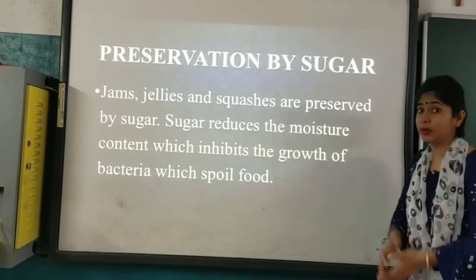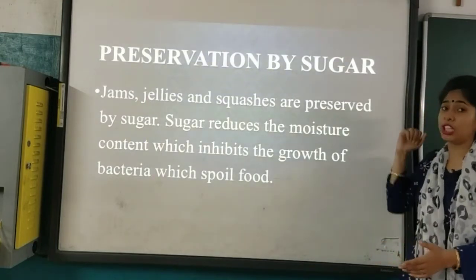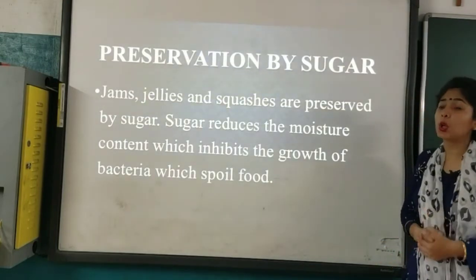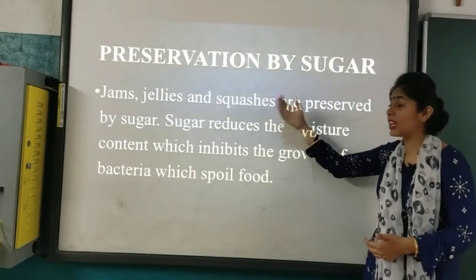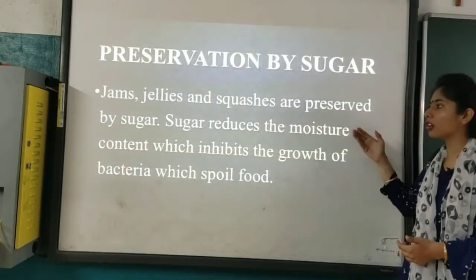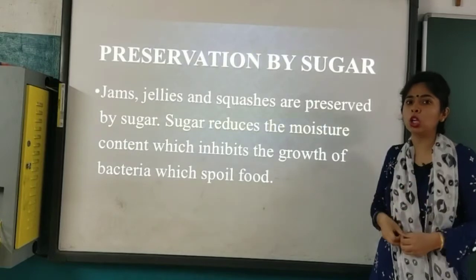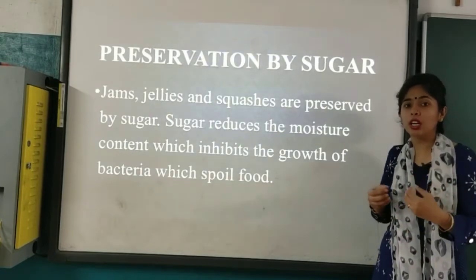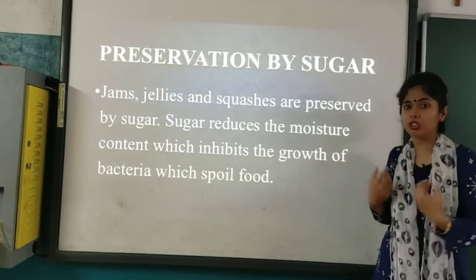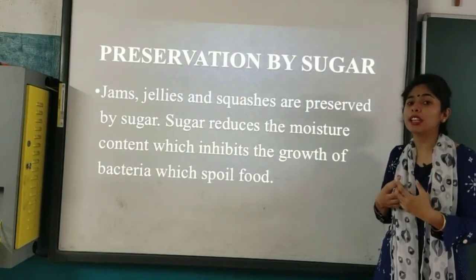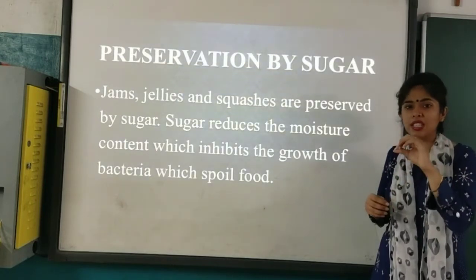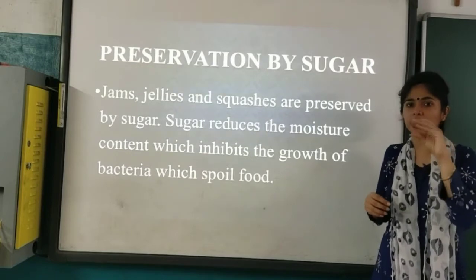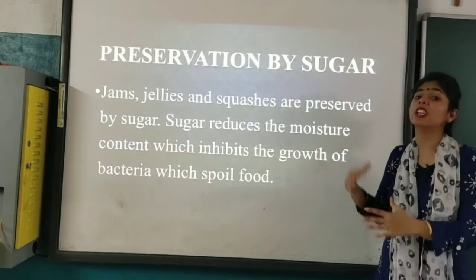Now let us see preservation with the help of sugar. The jams, jellies and squashes are preserved by sugar. We all know that sugar takes the moisture from the food. So what happens? It becomes sticky and fluffy. The jelly-like structure is formed due to this sugar.